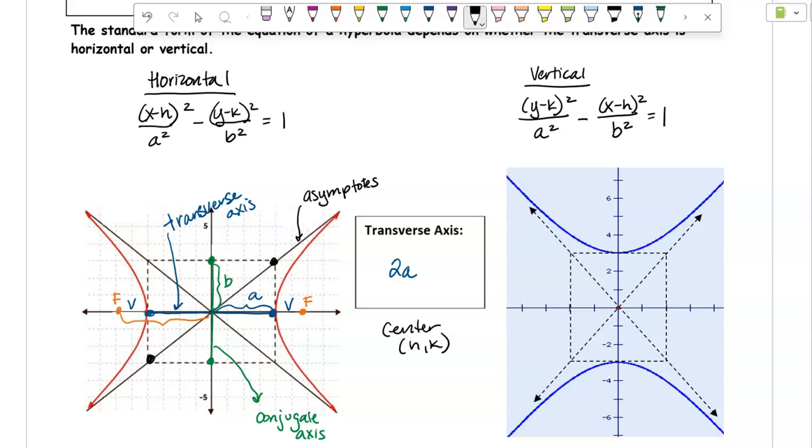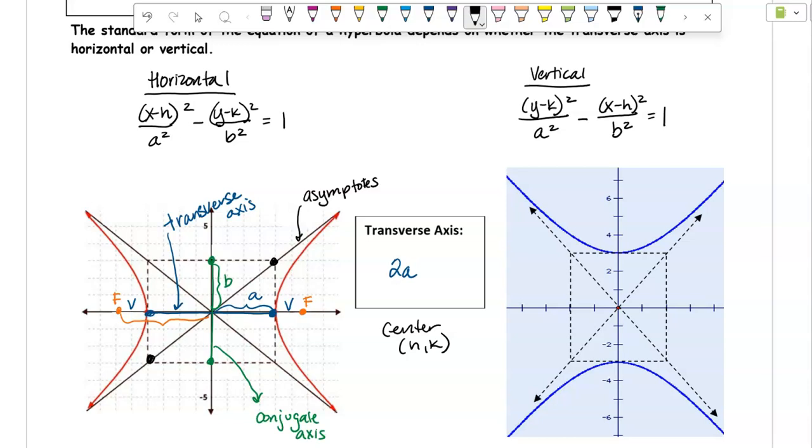Keeping in mind that a doesn't have to be larger than b, the difference is that the horizontal one starts with the positive term before the minus sign as the x squared, whereas the vertical starts with the y squared. And a is always the value underneath that first term, so again, it doesn't have to be the larger one.